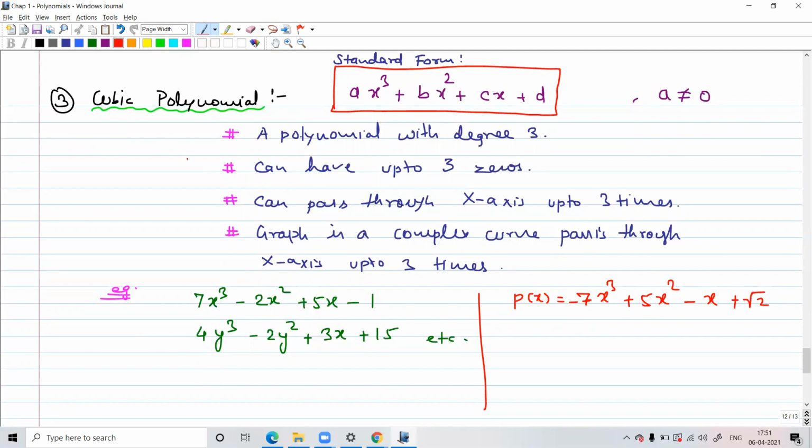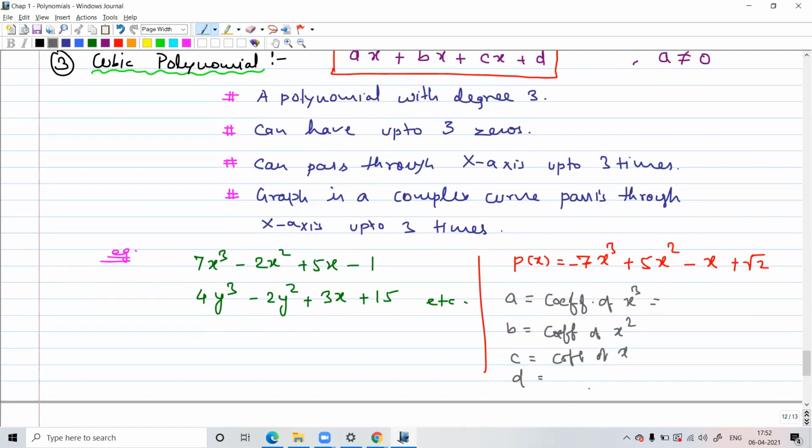In this case, I want you to tell me what the coefficients are. Remember, a will be the coefficient of x cubed, b the coefficient of x squared, c the coefficient of x, and d the constant term. Yes, go ahead, tell me what is the a value, Pragati?